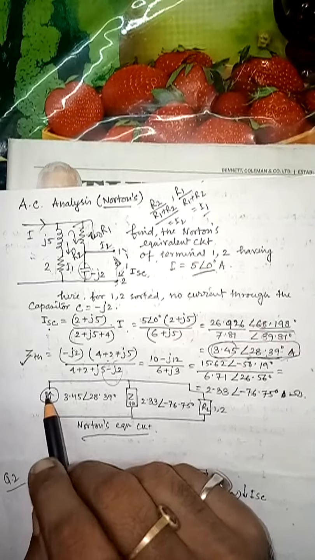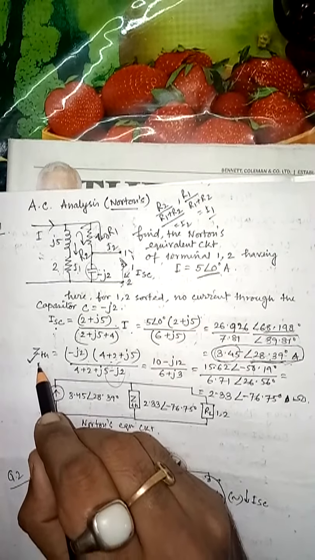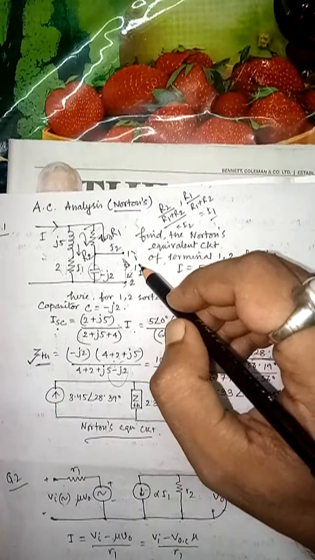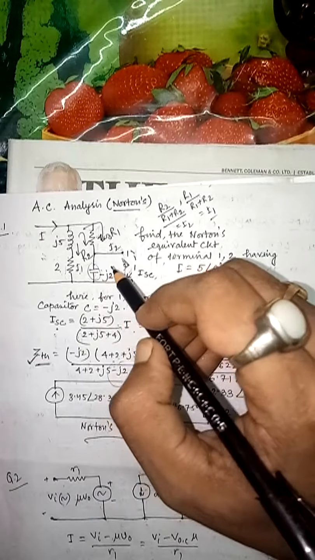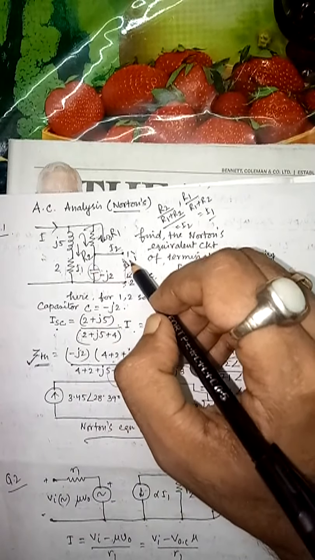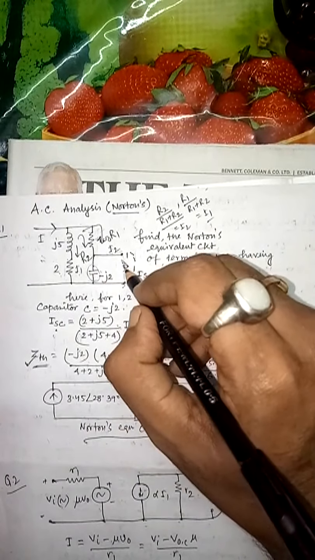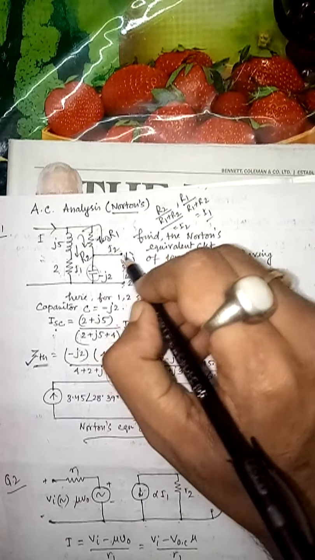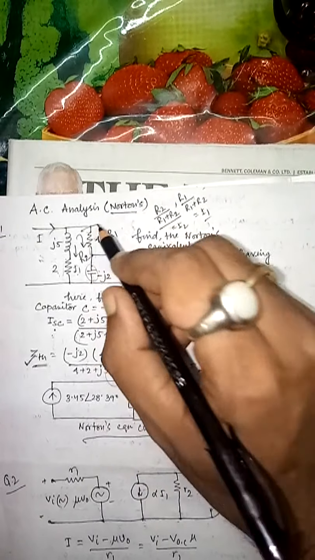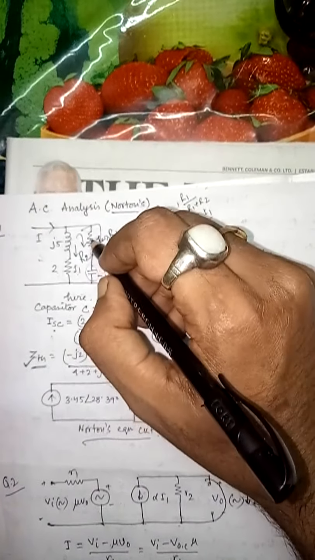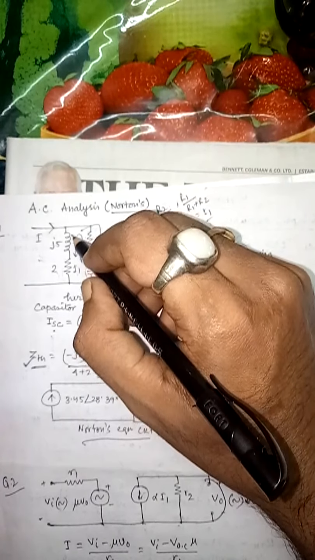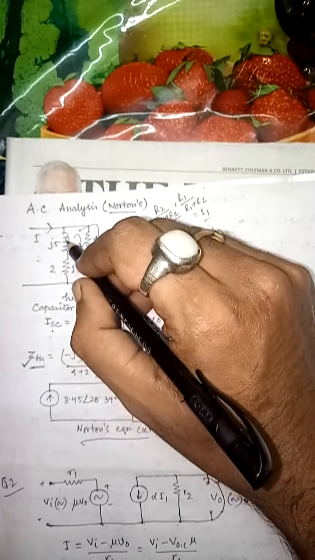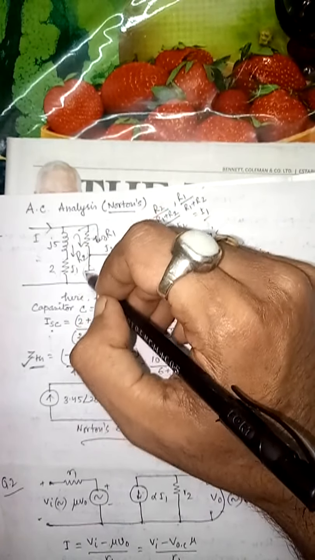Now the term you have to find out is ZTH, otherwise you cannot make the entire circuit. If you are finding the ZTH, you have to see from this end. Watching this particular point, that is 4 plus 2 plus j5 and that j2.